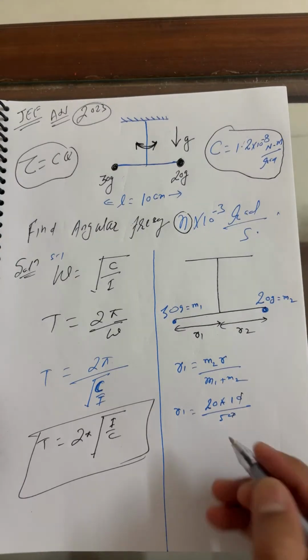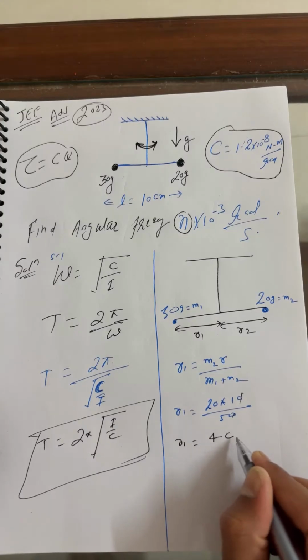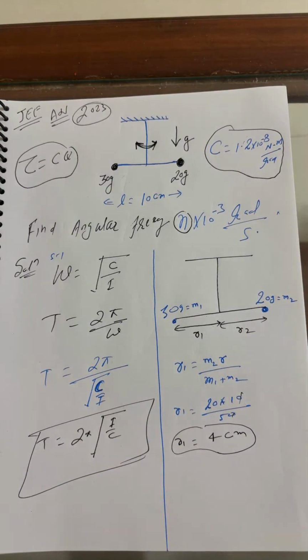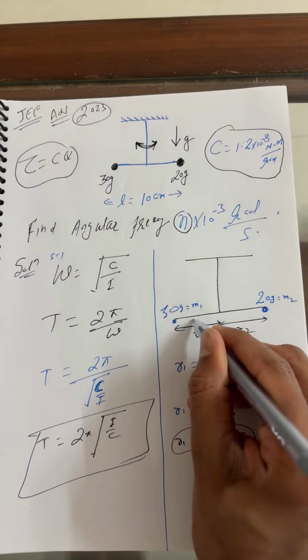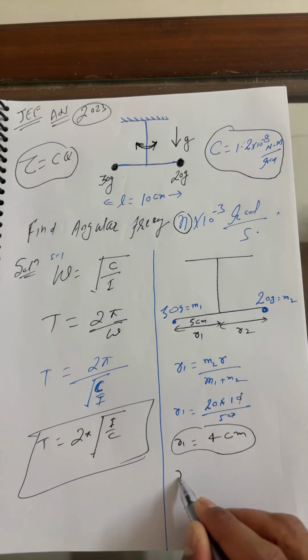So one zero cancels, and R1 you will get is 4 centimeter. Simply we need to find R2.